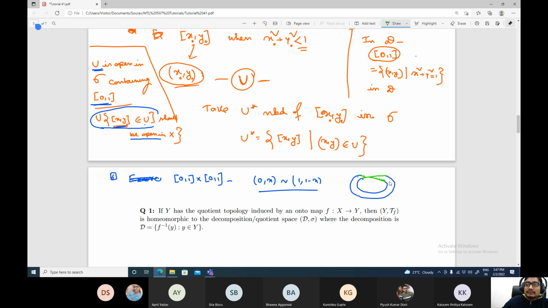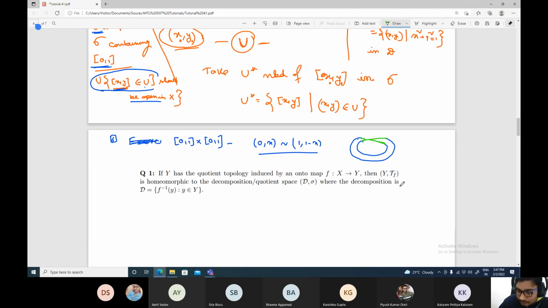The interesting thing is that its boundary, if you consider the boundary, is a circle. Can you see it? The boundary of this portion is a circle. It's a two-dimensional thing, and its boundary is a circle.